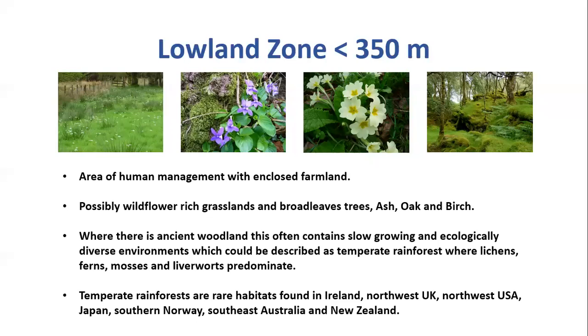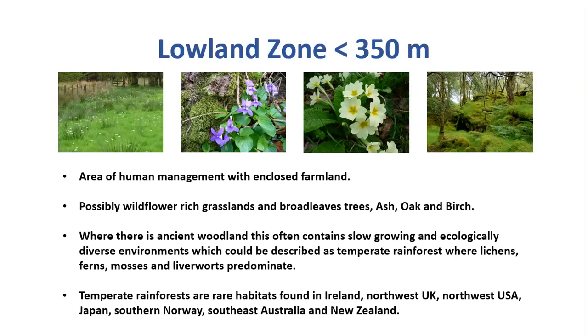And you might well find also in these areas, you'll find broadleaf trees, notably ash, oak and birch. And these trees will be either bounding these areas, or they'll be in small woods and things like that in this type of environment.